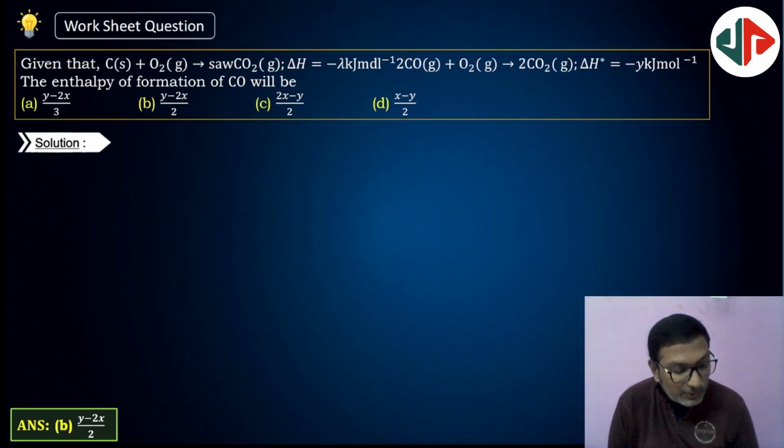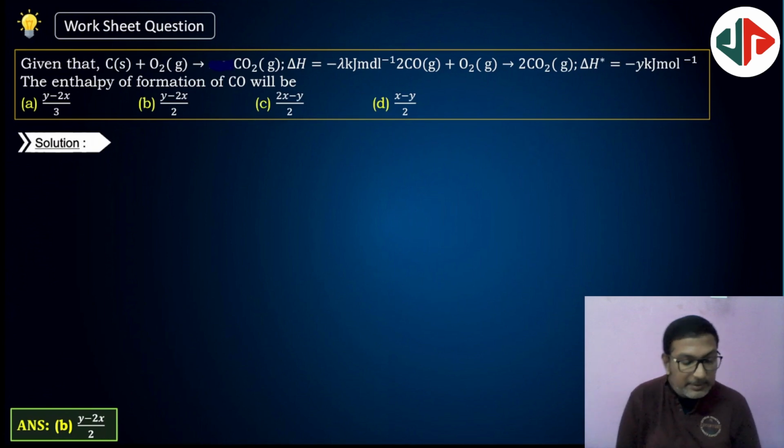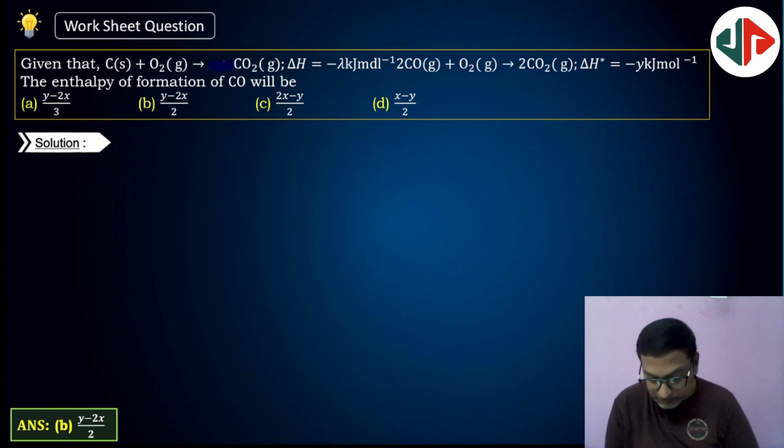C plus O2 gives CO2 gas. For this, delta H equal to X kilojoules per mole.